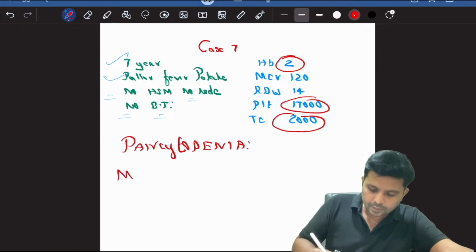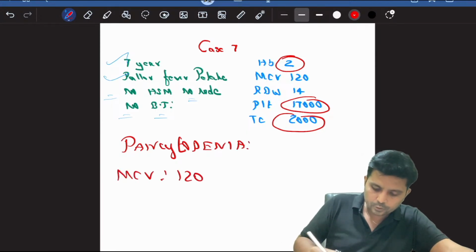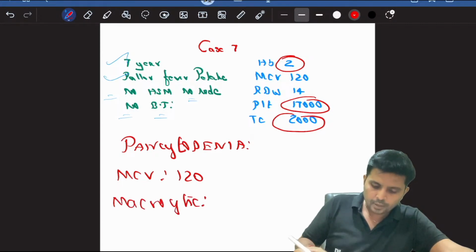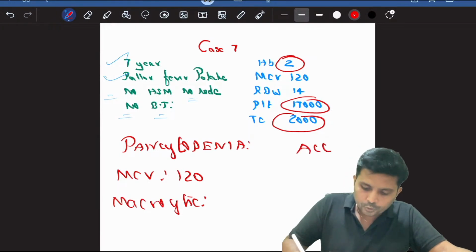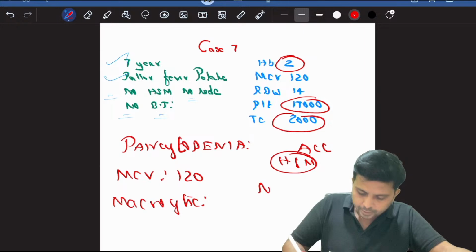But here MCV is 120, so this is macrocytic. If it were a case of ALL, you would have hepatosplenomegaly, but here there is no hepatosplenomegaly.